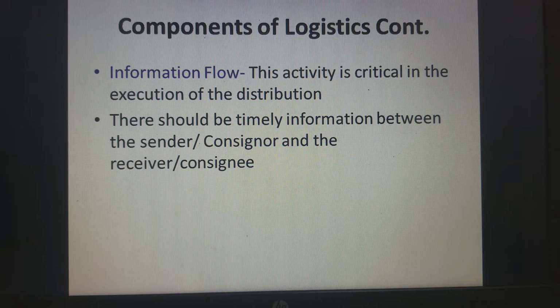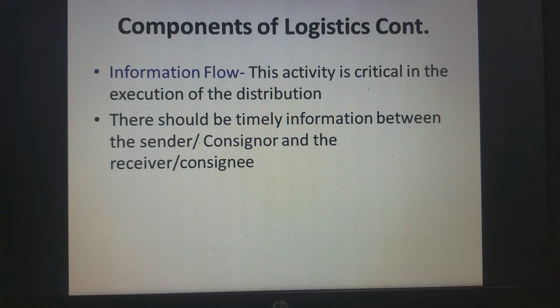Information flow. Another component that is important is the information flow. What do we mean by that? This activity is critical in the execution of the distribution. There needs to be adequate information provided to the supplier, and adequate information provided for the middleman or the distributor or the customer, so they can make timely arrangements in accessing the goods and services that are moving through the distribution chain.